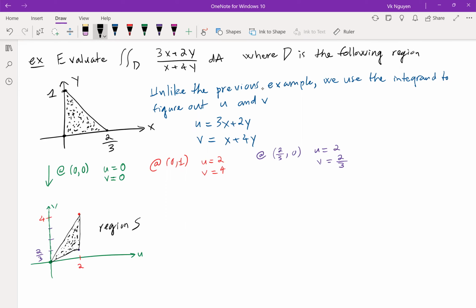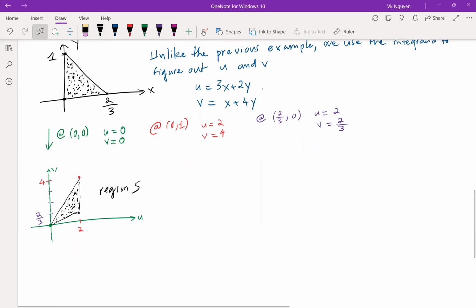Okay. Well, in order to figure out the du dv here, where do they go from? You gotta extend this line here, because this is the line right here. It's just a straight line, so v equal to u.